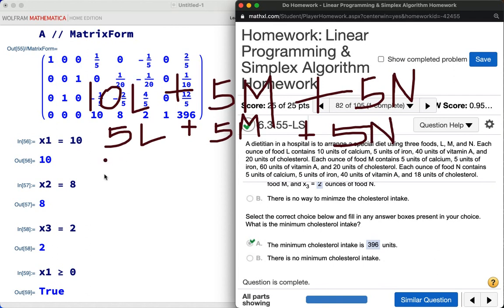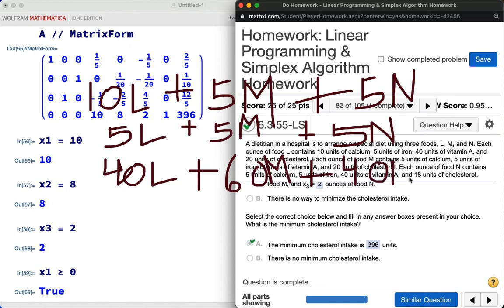And then it was 40L plus 60M plus 40N. Okay, that's fine, but you have to take the transpose of this matrix, which is something I forgot to do when I first attempted to solve the problem.